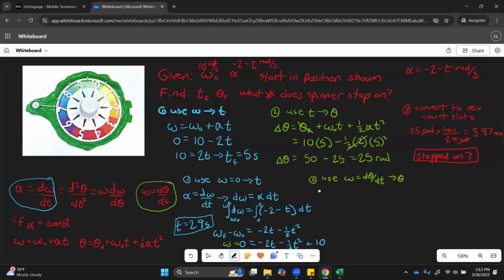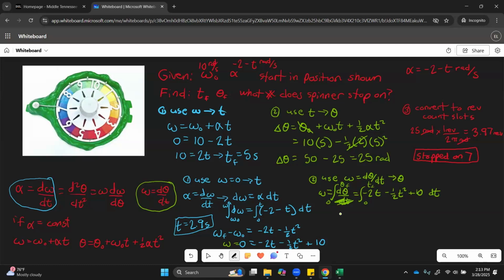Here we have omega equals d theta dt, and the omega expression equals negative 2t minus 1/2 t squared plus 10. If we move the dt over to this side and integrate, we integrate from 0 to theta and from 0 to t final. And this will be theta final.